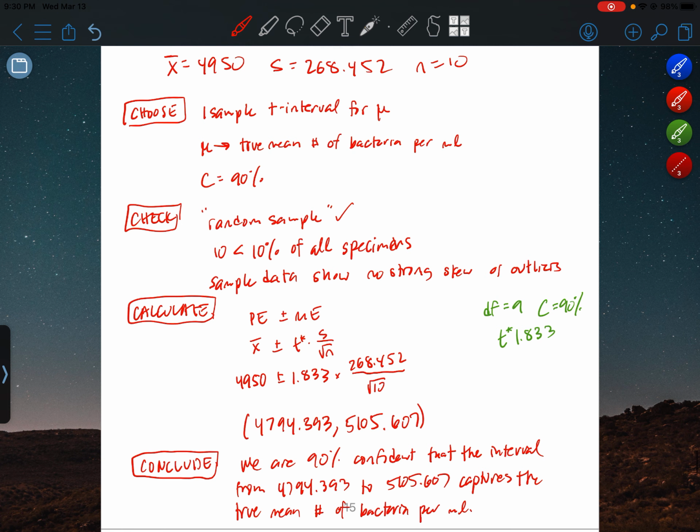That's it. True mean number of bacteria per ml.